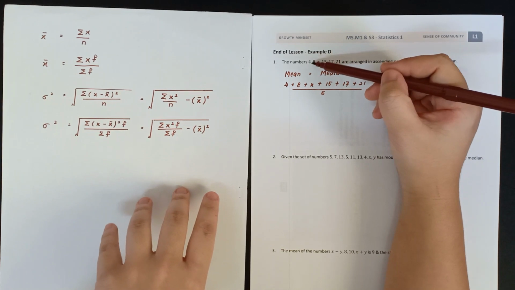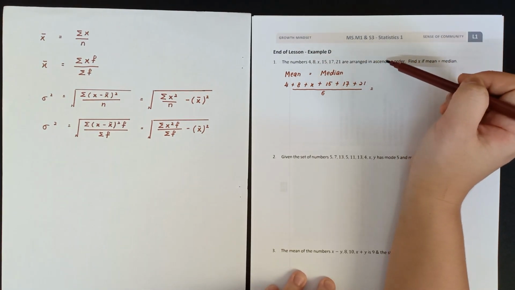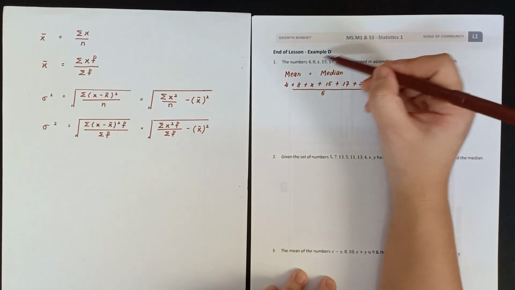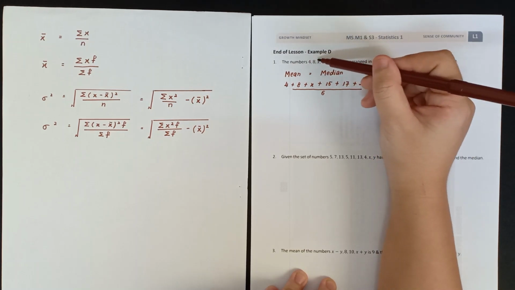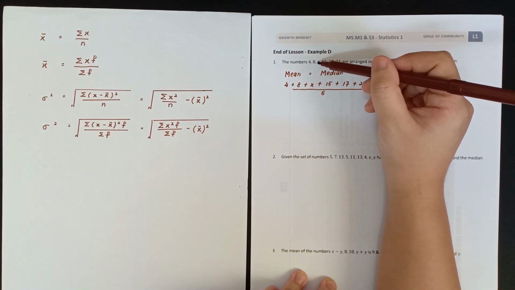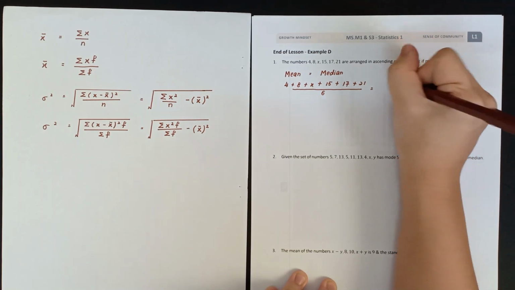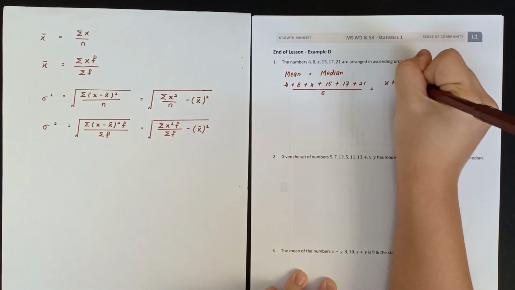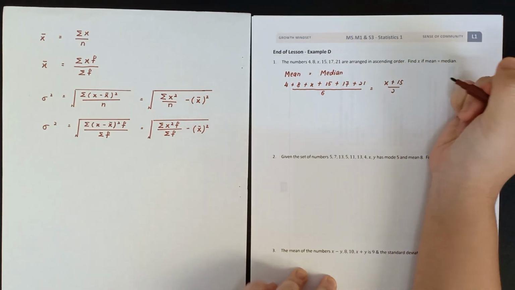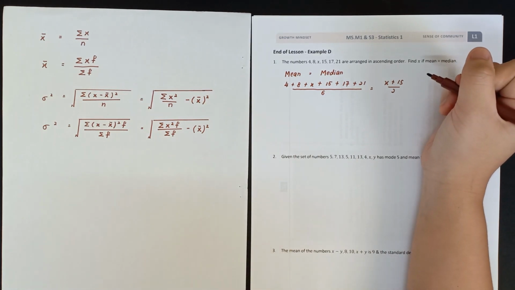This is already arranged, they already tell you it's in ascending order, so you can straight away count 1, 2, 3, 1, 2, 3, so the median is the midpoint between x and 15. So x plus 15 divided by 2, and this will be equal to the mean. Then you straight away use your calculator to continue.